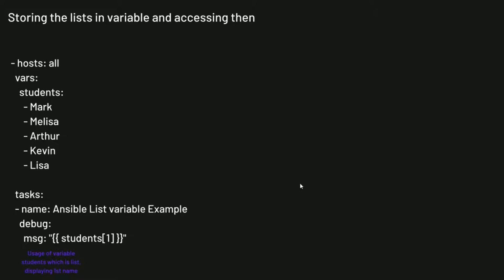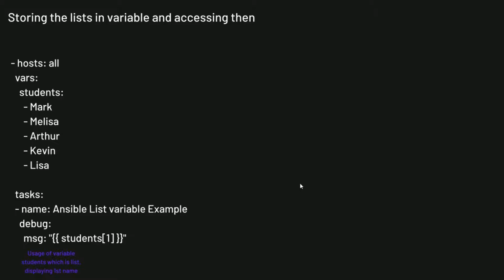Now it's a list or an array, so I need to get one of the names printed, and I will call it by using the index. Students, open bracket one, bracket close, and it will pop me the name, the first value in the students list variable.